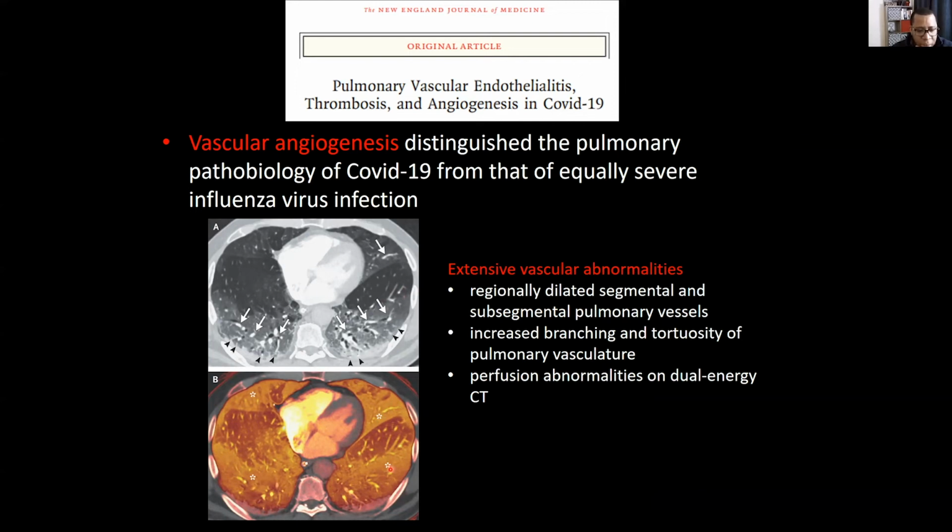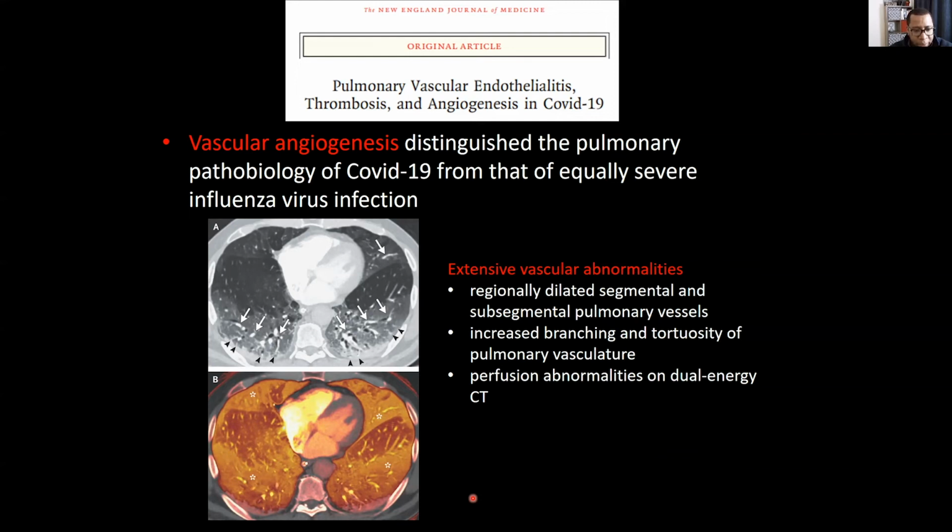And on the iodine maps, you're seeing this area of higher iodine perfusion or iodine concentration compared to the non-affected area. So this is us showing these extensive vascular abnormalities that folks were seeing on autopsies.